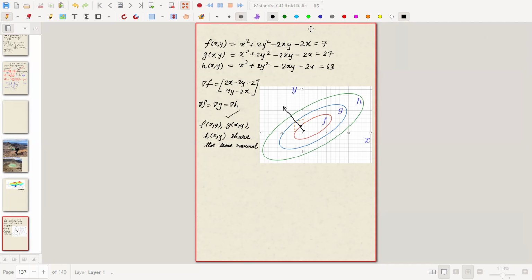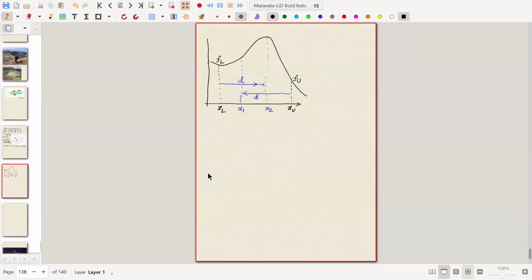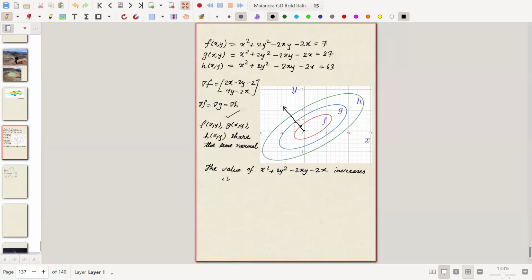So what did we get? The value of the function x square plus 2y square minus 2xy increases at the fastest rate in which direction?